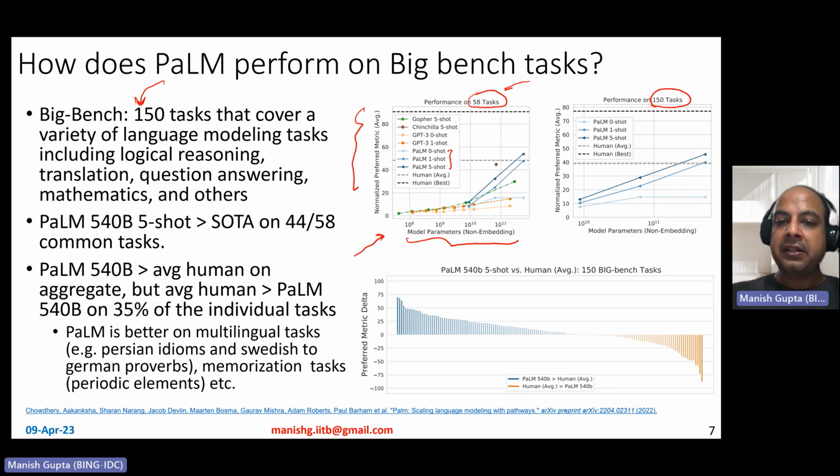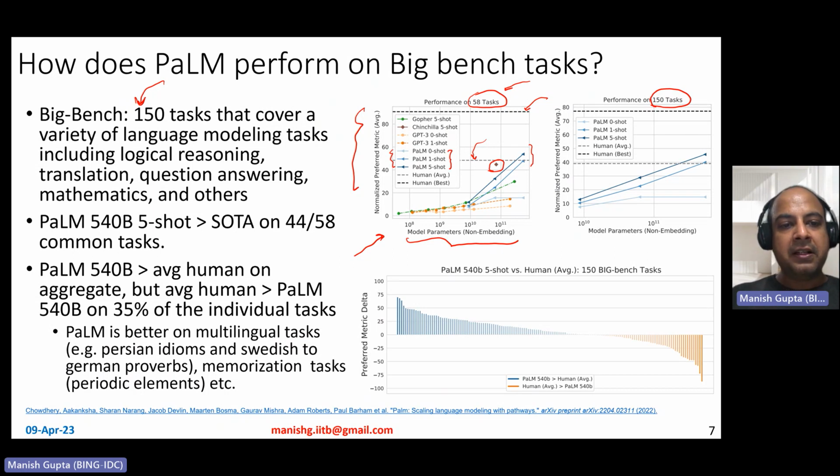There is the best human performance here, which is actually way better on BIG-bench, but this is the average human performance. The blue curves, which are the PaLM curves, are doing really well compared to other models like Chinchilla, which are comparable but not better.